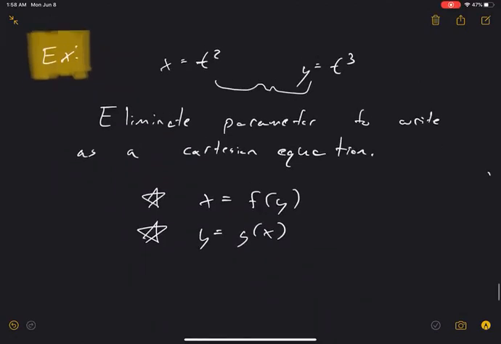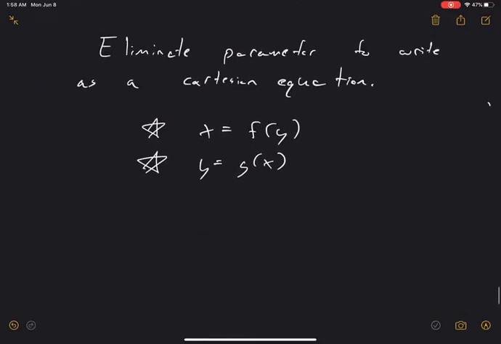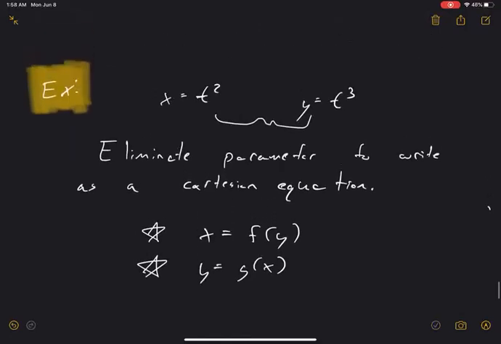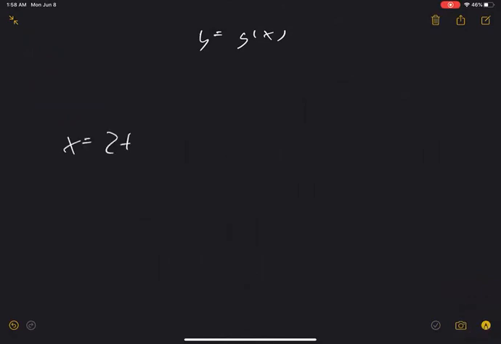So the question is, is one better than the other? In some cases, either way would be acceptable. We could write x as a function of y, or we could write y as a function of x, and either way would work. So in that example where we had x equals 2t, y equals 4t, we could do this one either way, right?